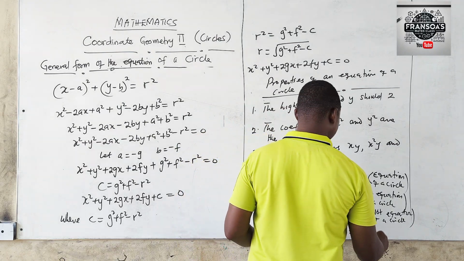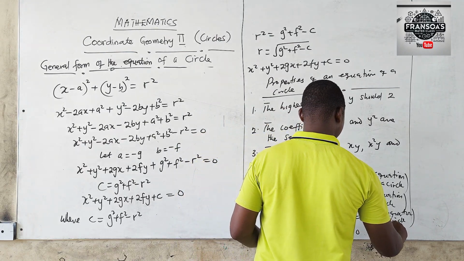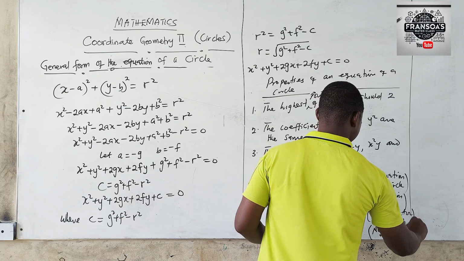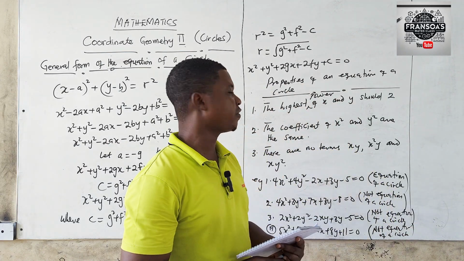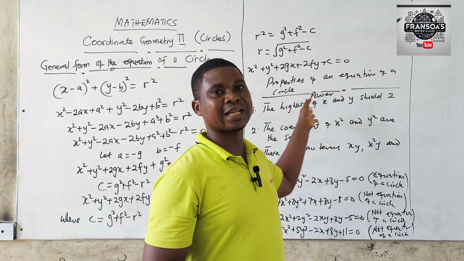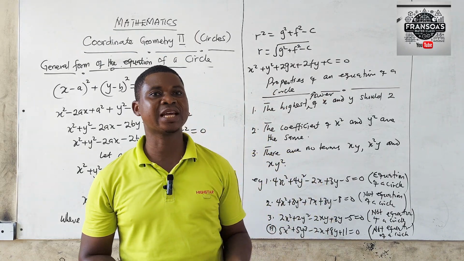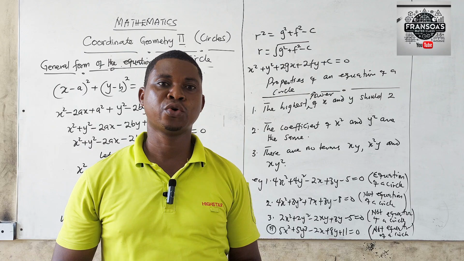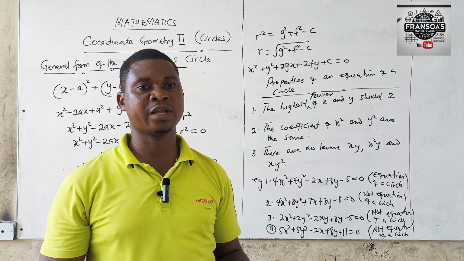So the last one too is not an equation of a circle. So to know an equation of a circle, you have to look at the various properties to be able to identify that the equation satisfies all the properties that we are talking about.